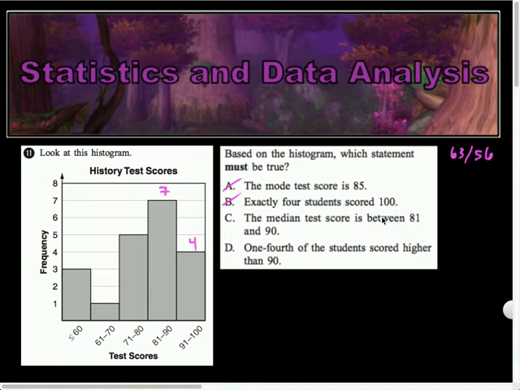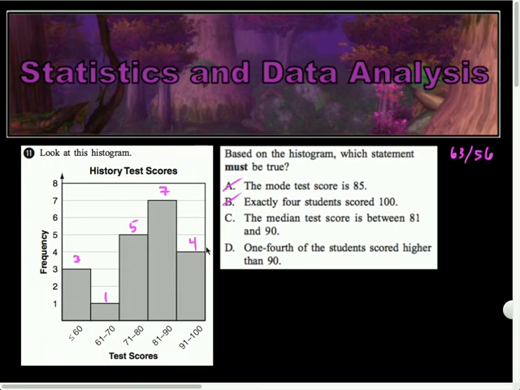Well, let's consider this. I've got 3 students here, 1 there, and 5. So in total, 3, 4, 9, 16, 20 students. The middle student would have been the 10th or 11th student, a 10 and a half student, maybe. So where would the 10 and a half student be?